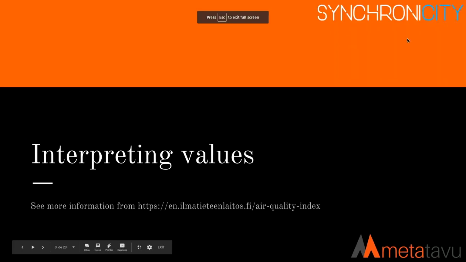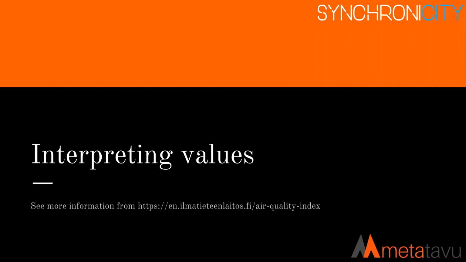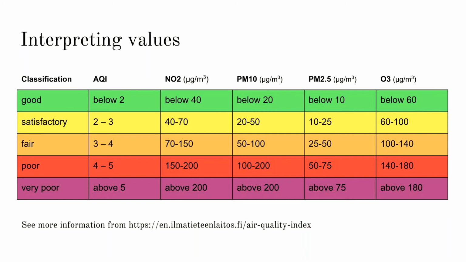Now, when we know how to get the air quality data from the air quality data file, we should know what it means, because we will only get a value. I can actually show this table here. This table shows how the actual air quality relates to the other measurable components.